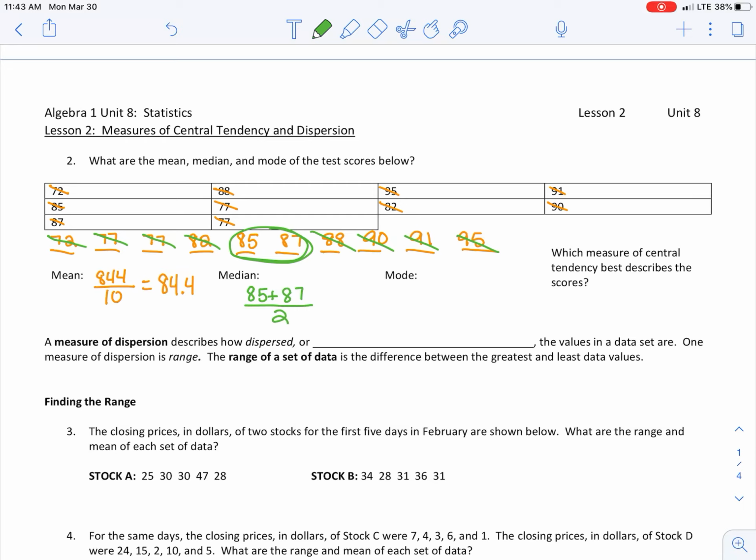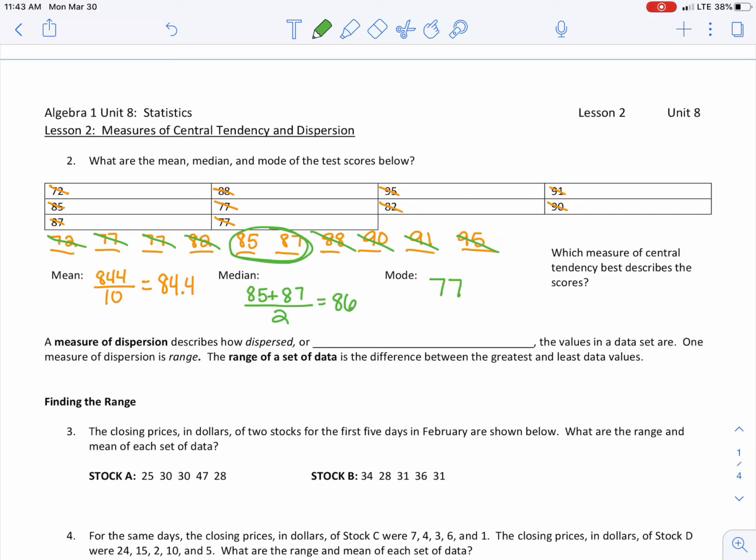If you do that, you end up with 86 as your median. And then our mode, it looks like 77 is going to be our mode because it is the number that occurs most often.